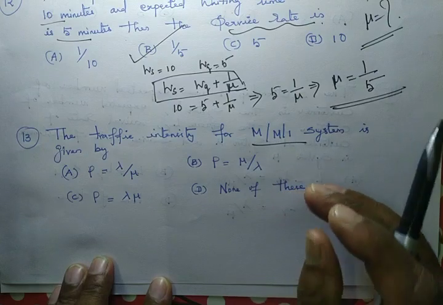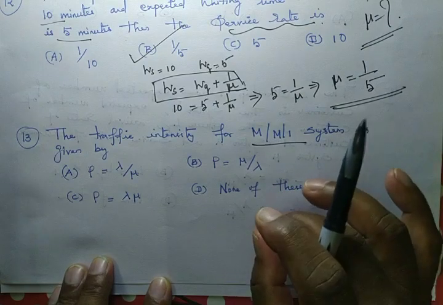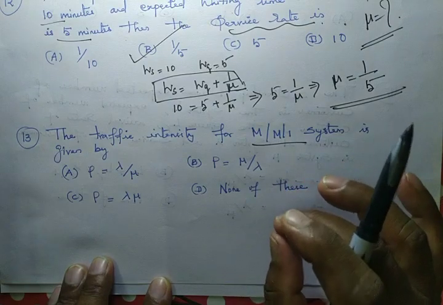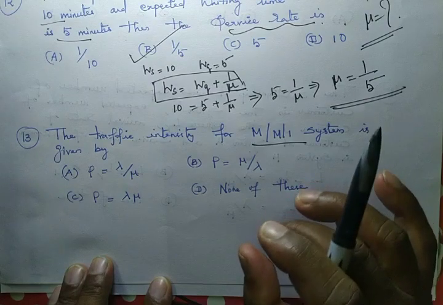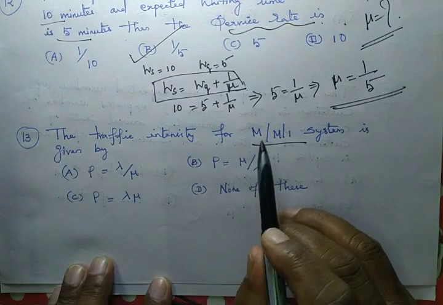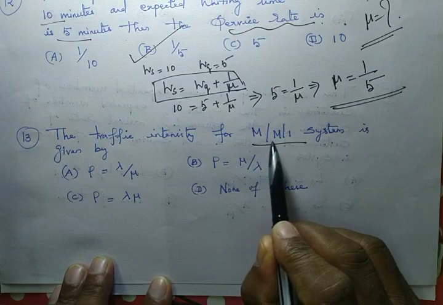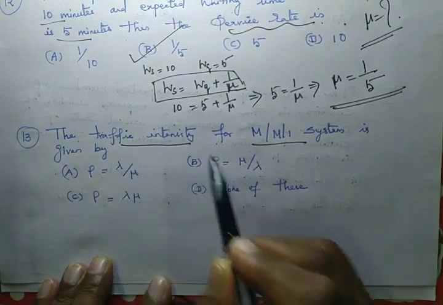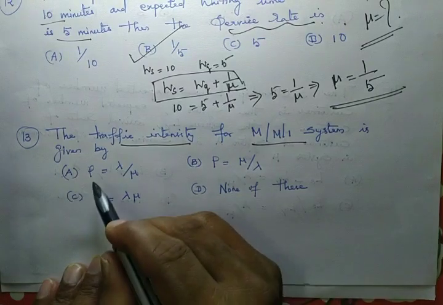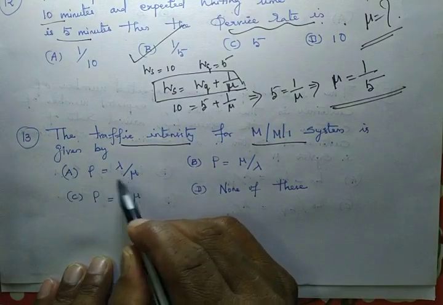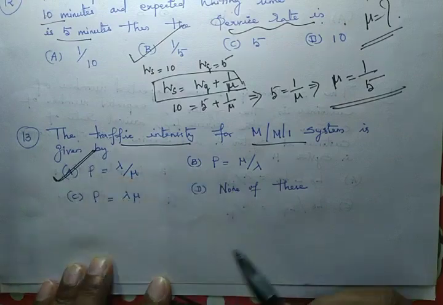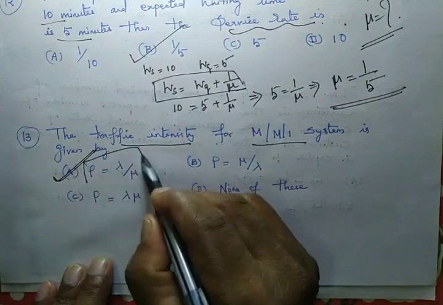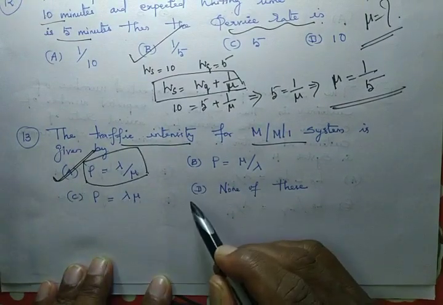Here the future depends on the present, not on the past. So you can calculate the future using only the existing data, not the past data. That is the Markovian process. For the M/M/1 single server system, you are going to find the traffic intensity. Traffic intensity rho equals lambda by mu. This is the traffic intensity formula. This is a very important one. Most of the problems we are going to discuss are based on this traffic intensity only.